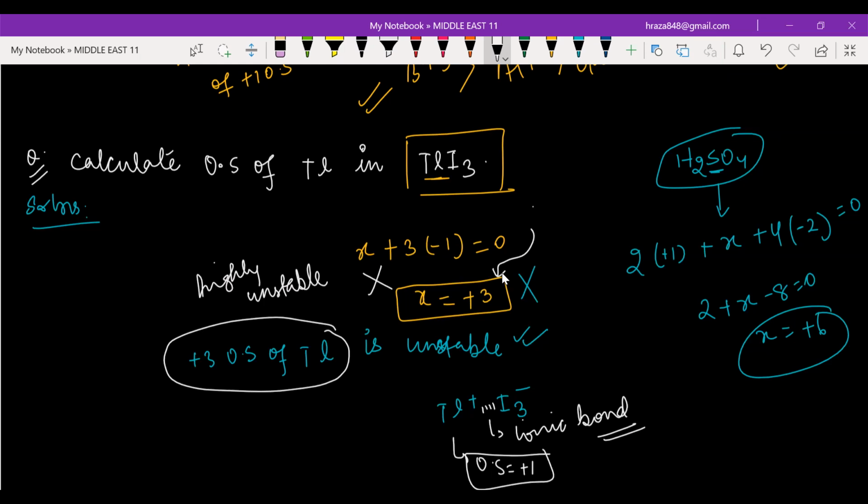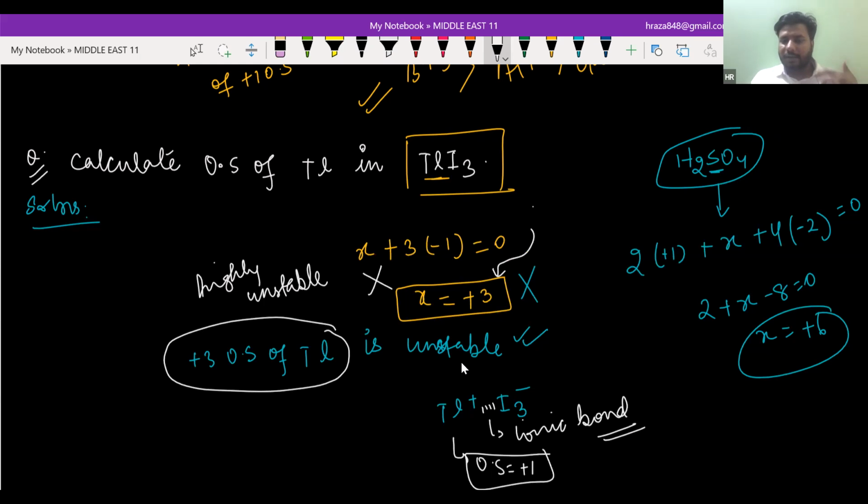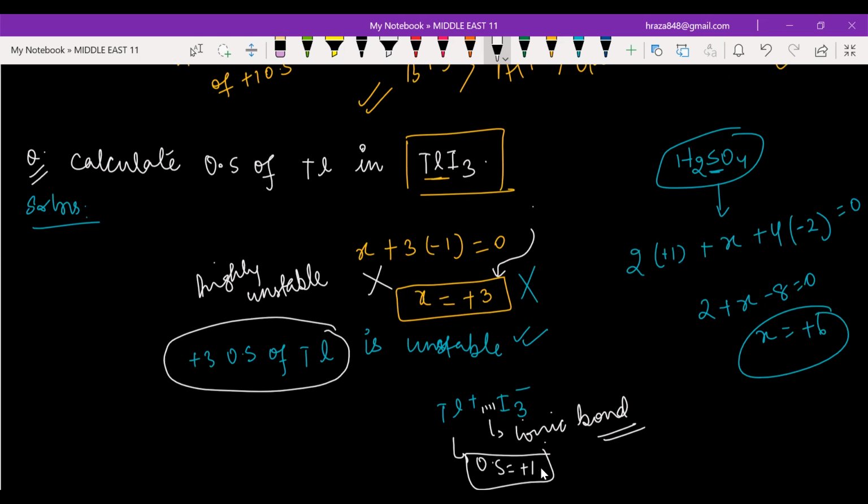Thallium and iodide ion have an ionic bond, not a covalent bond, and it exists in the form Tl+ I3-. Is that clear? Yes, sir. Let's write it.